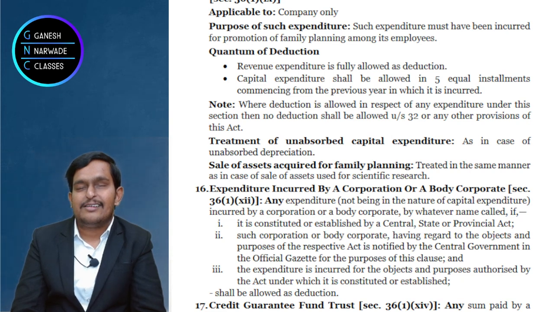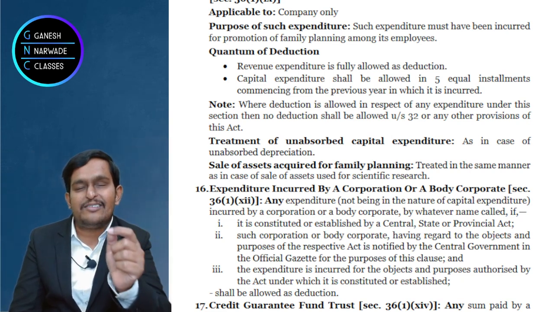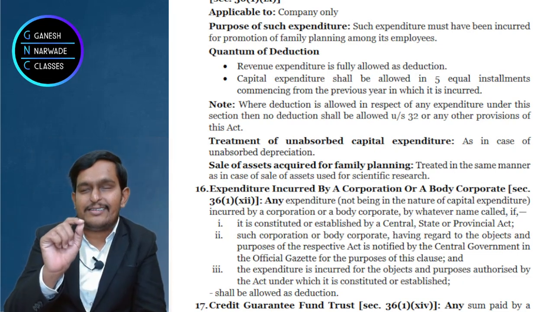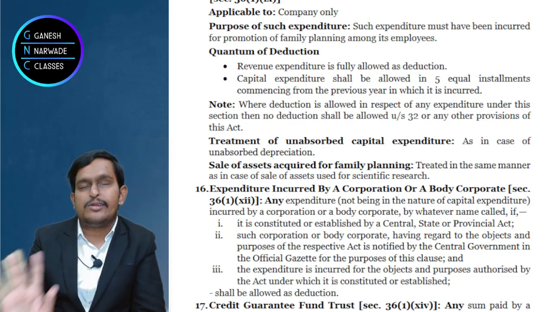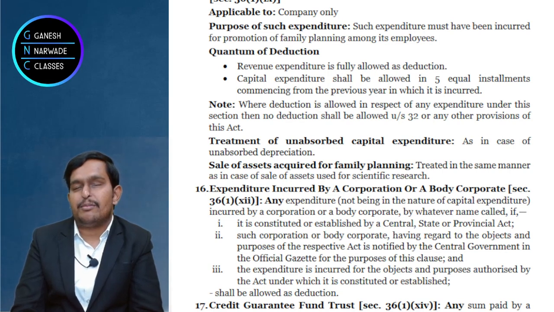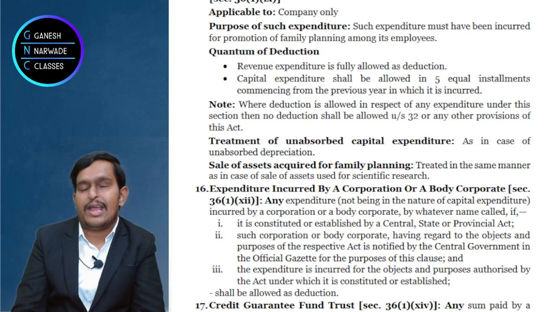The answer is, when you sell scientific research assets without using them for any other purpose, how do you calculate the income? Same way here also it should be calculated.